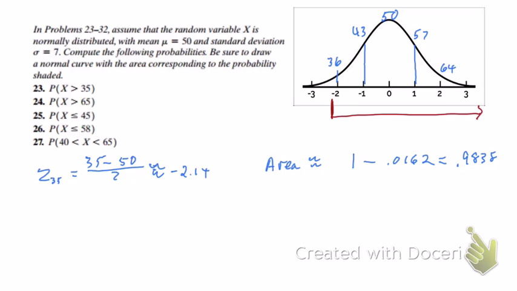If you stop and think about it, 35 is more than 2 standard deviations to the left of the mean. What's the probability of somebody scoring, if this is a score, that much or higher? Well, about 98%, because that's how much the area is.